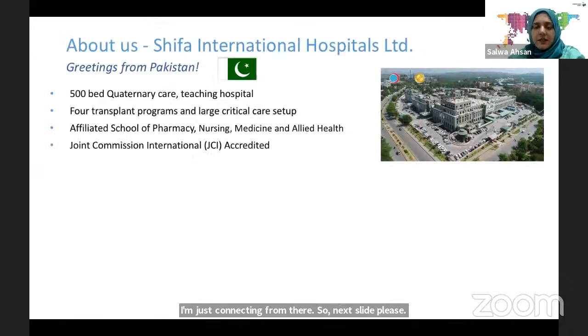So I'll start with a brief introduction. I work in Shifa International Hospital as Chief of Pharmacy, and this is a 500-bed quaternary care teaching hospital. Just to give you an idea about the complexity or the acuity level of the patients that we manage, there are 4 transplant services that are going on in Shifa, and we have a very large critical care setup, including both pediatrics, neonates, and adult setting.